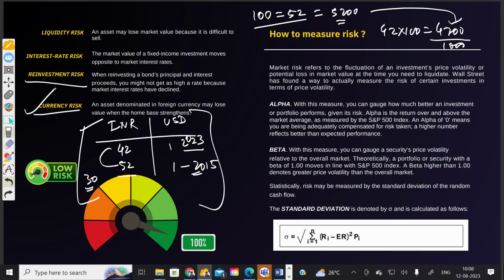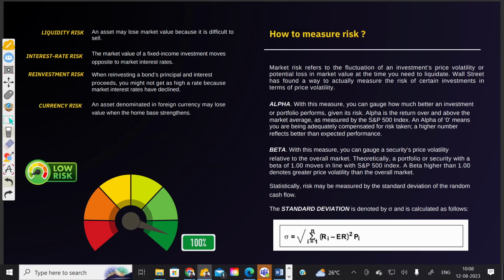So when you see risk, you will definitely have some risk measurement parameters as well, as I said. There are a number of things to calculate risk, but a few parameters really help you to calculate or measure the risk so that you can hedge your portfolio or try to mitigate or control the risk of your investment portfolio.